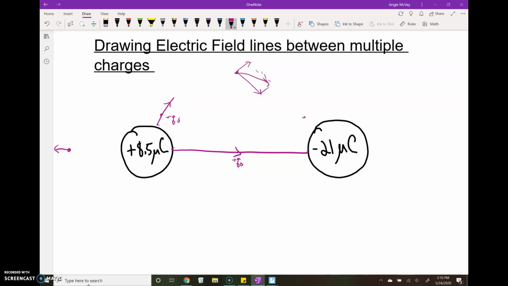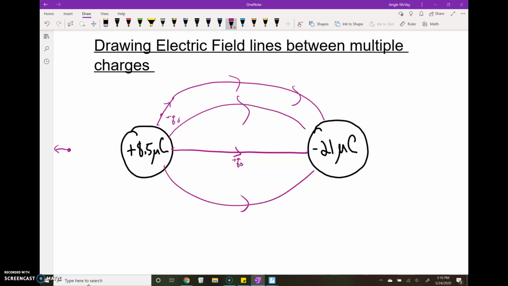And as that test charge gets closer, it would just be mostly attracted. And so we could actually draw some curvy lines here. A positive test charge would be repelled from our big positive charge and attracted to the negative 21. So we could draw it like that.